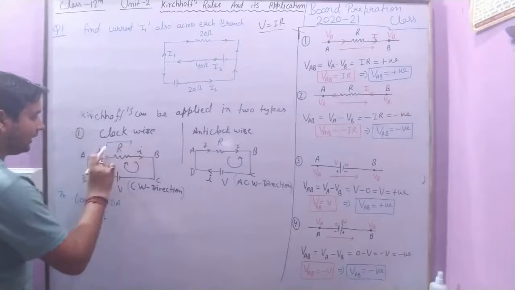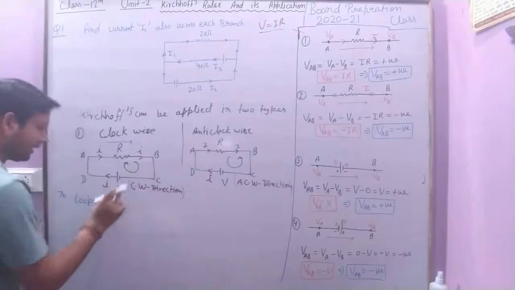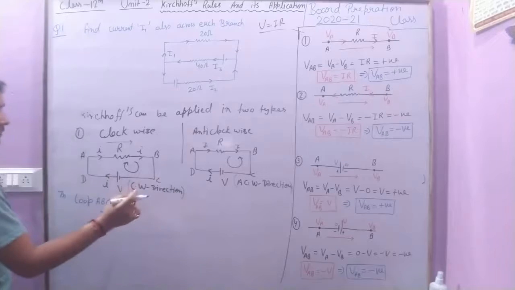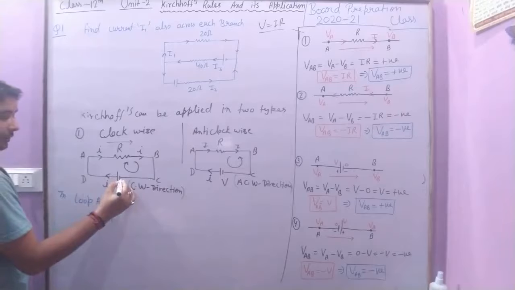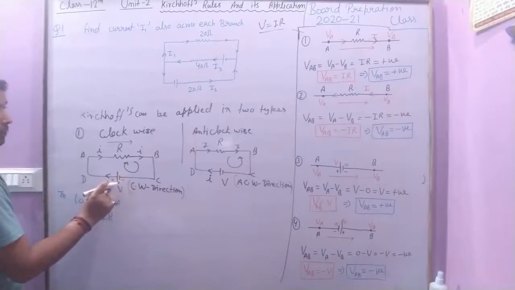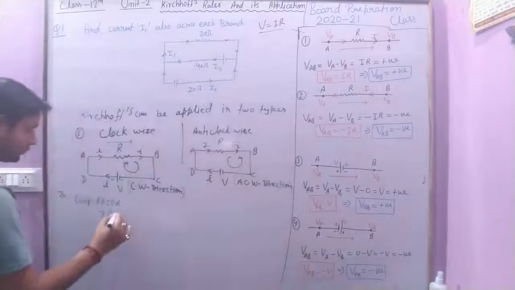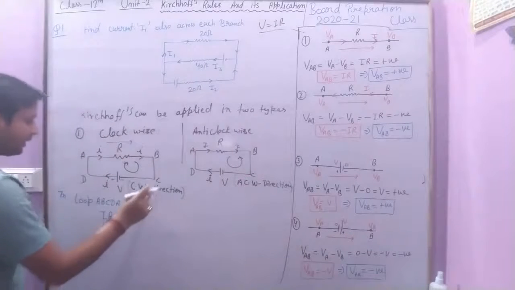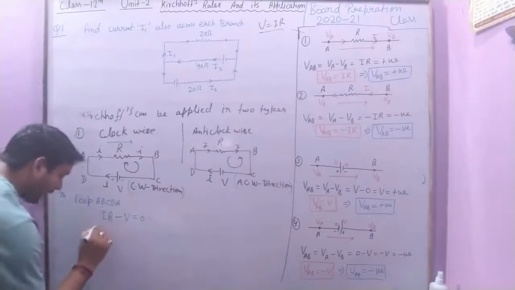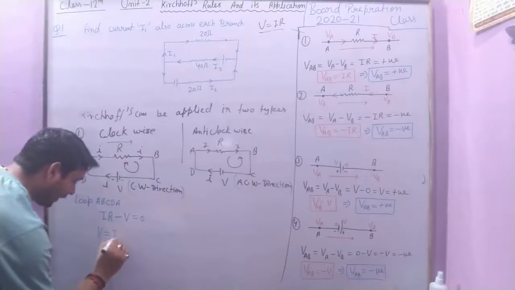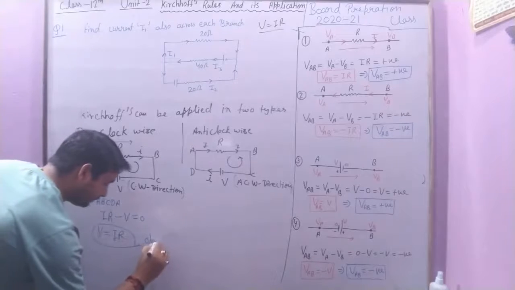This is our motion and the direction is also the same way. So IR is taken as positive. And when we are moving from C to D, then we jump from negative terminal to positive, and according to the rule it will be taken as negative. So this is minus V, and we reached the point A, so it will be 0. So we get V is equal to IR, which is Ohm's law.